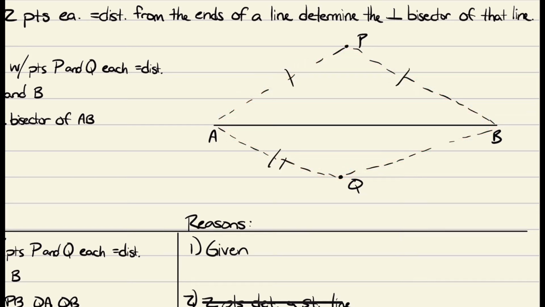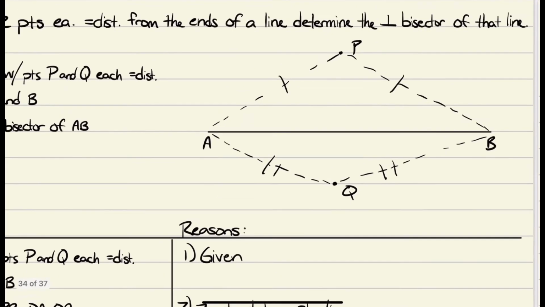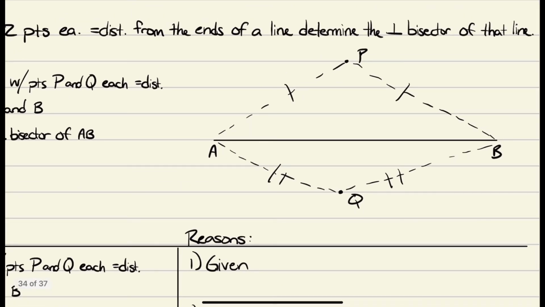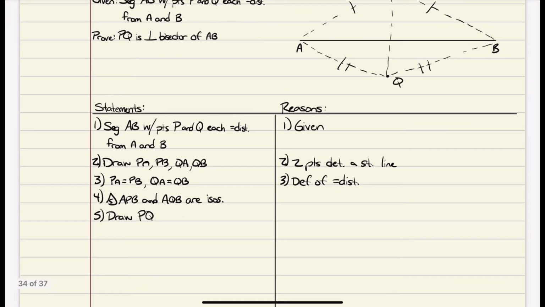Piece of cake. Let's draw another auxiliary line. Draw PQ. Let's draw that real quick. Connect P and Q. And I hope we remember, I never gave the reason here. Number 4, reason that they're isosceles, definition of isosceles triangle.